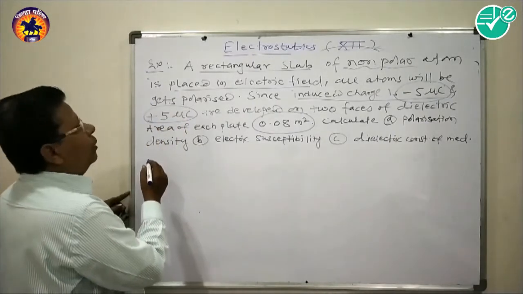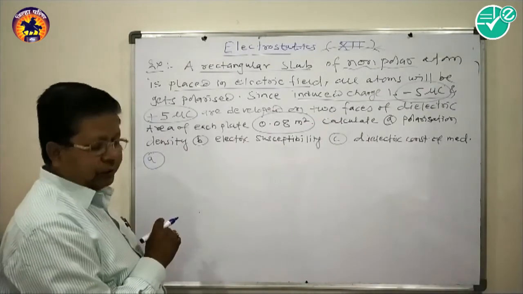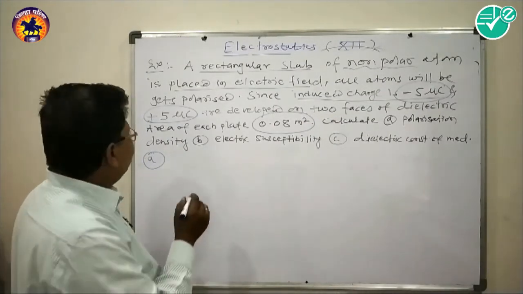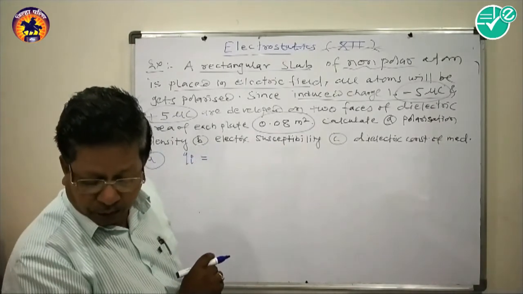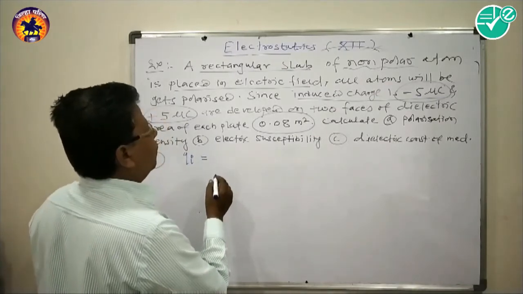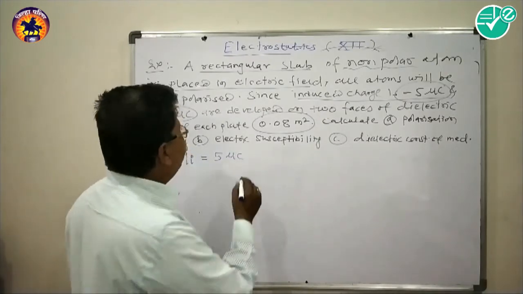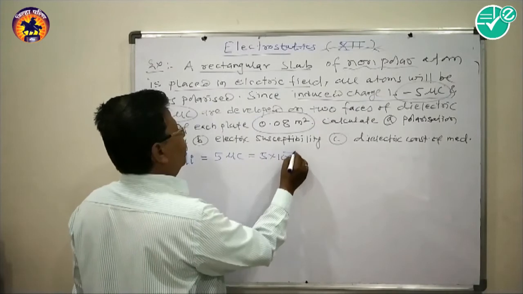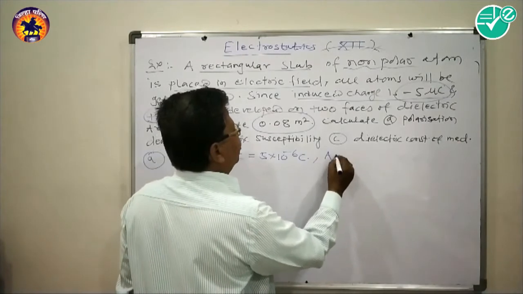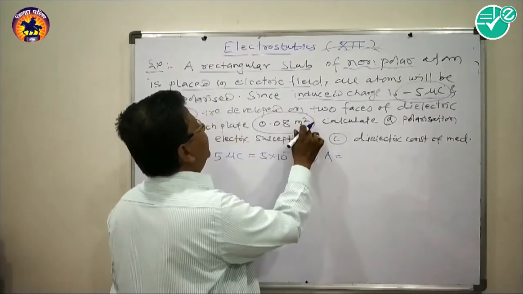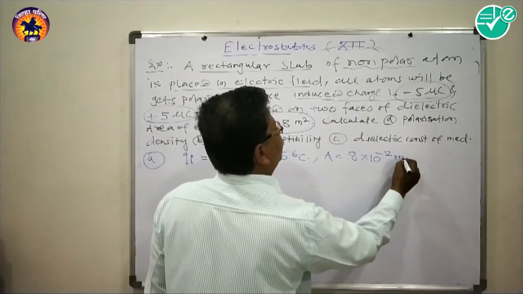So, first of all, we will calculate polarization density. As we have been provided Qi, induced charge, which is equal to 5 microcoulomb, which is equal to 5 into 10 to the power -6 coulomb. And area is provided 0.08 meters square, that means 8 into 10 to the power -2 meters square.